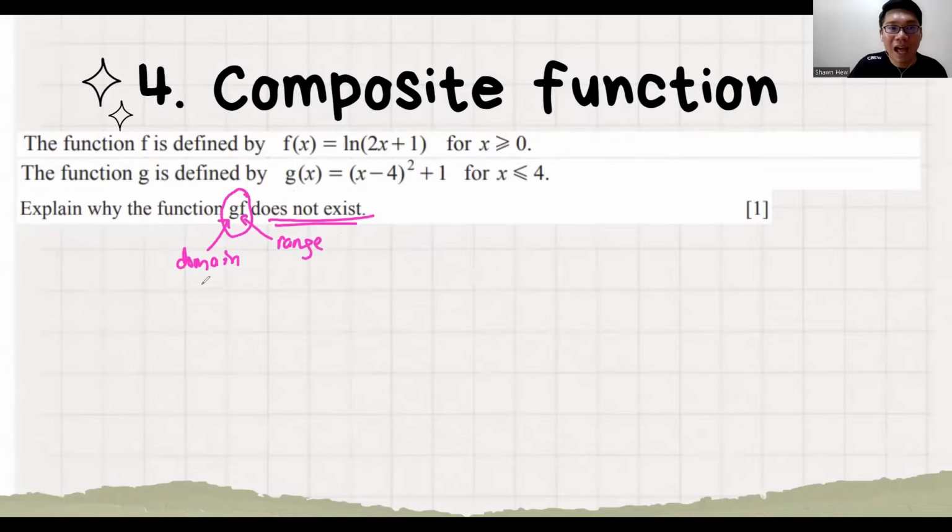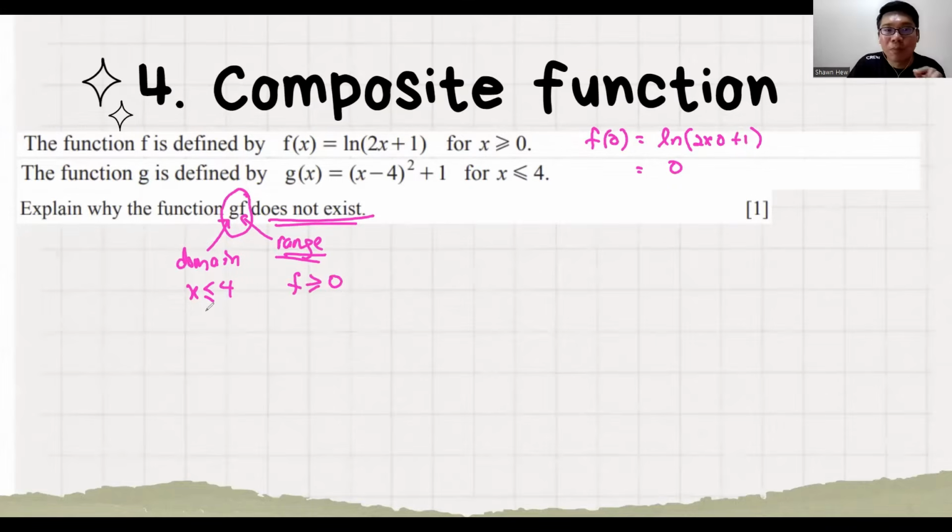And we already have the domain for g(x), x less than 4. So now we need to find the range for f. How to find? It's just substituting in. So we found that it's 0. So we can confirm our range is more than 0.